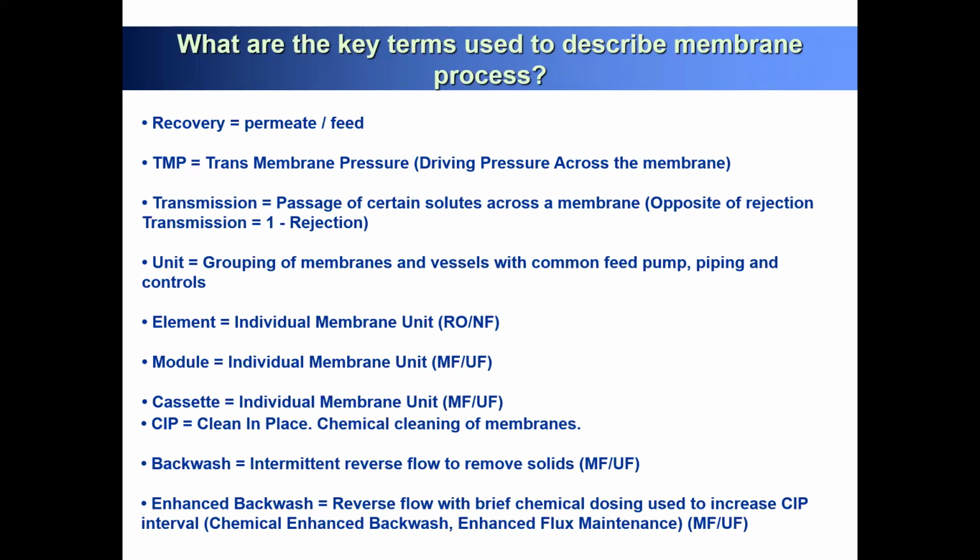The backwash. How to do the backwashing? So cleaning is required for reverse osmosis elements because you cannot backwash them, because the pore size is too small, so you cannot backwash the water the other way. But for ultrafiltration, the membrane pore size is very big, so you keep producing water.